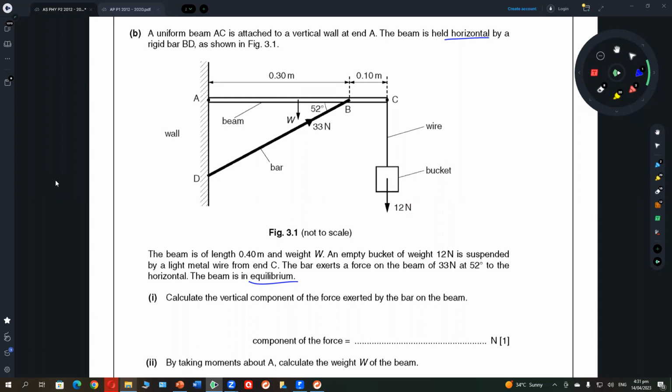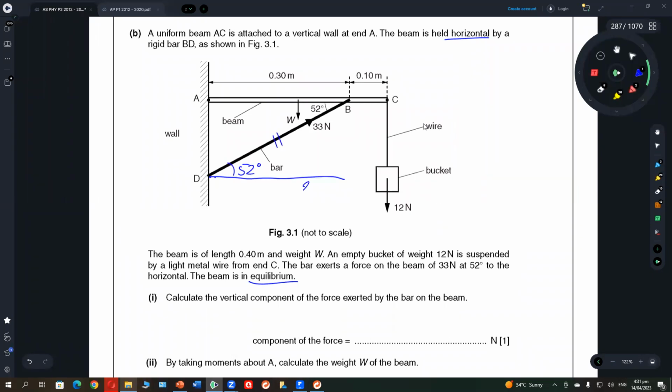Calculate the vertical component of the force exerted by the bar on the beam. Now, if I try to resolve this component, let's follow it here. This angle will be 52, and you make a cut here.